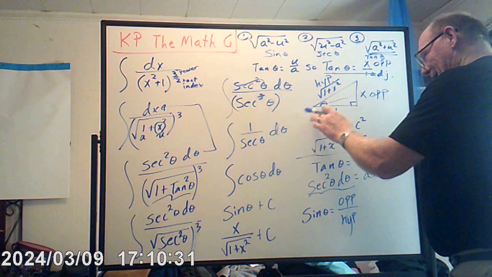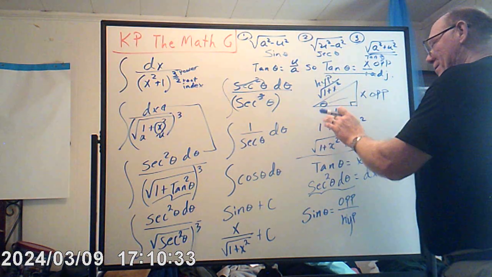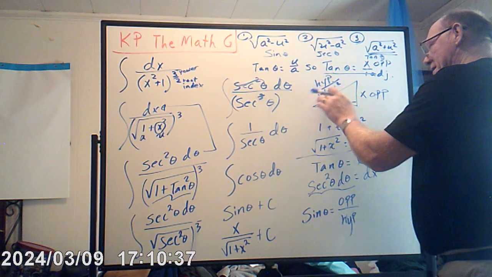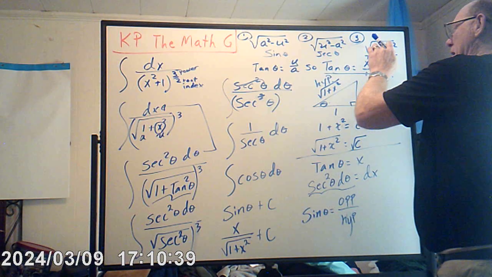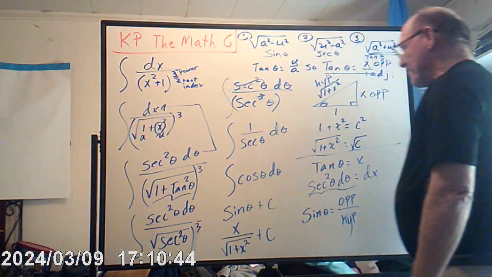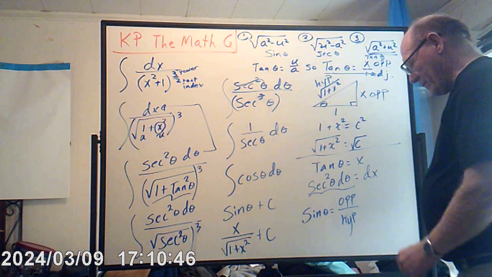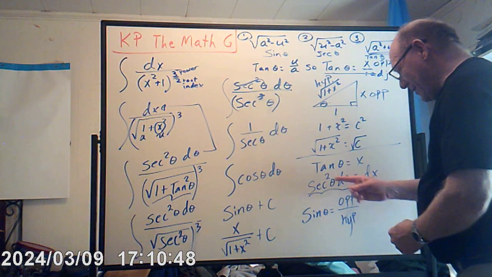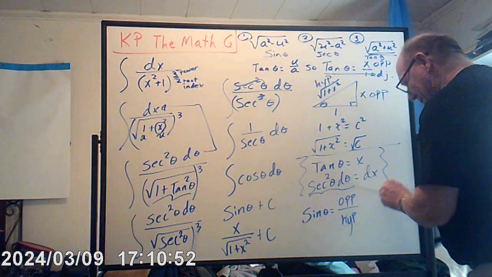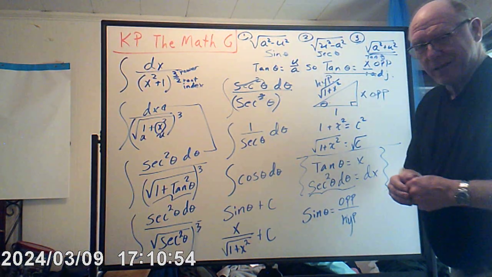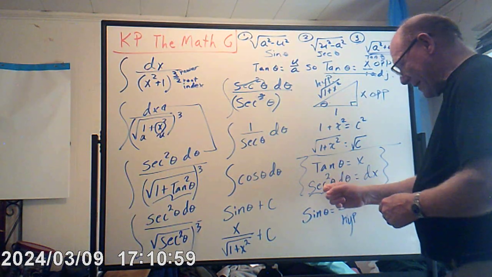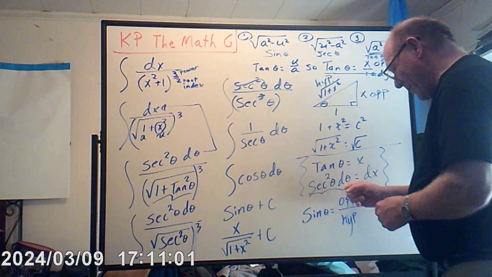We had to find what this was. We already should have known, if we do the Pythagorean theorem, this is just the square root of 1 plus x squared. That's what we've got up here in the first place, right? Now, we still need to take the derivative of tangent theta, which is secant squared theta d theta.